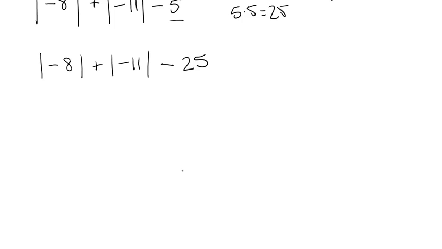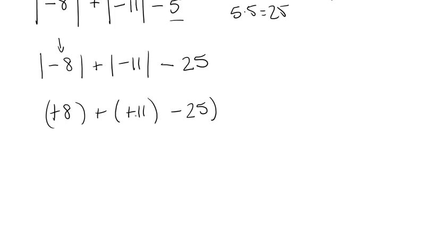Our next step will be, we don't have any more multiplication or division, and so we will just need to add all these. But let's first deal with these absolute values. So whatever is inside becomes positive. So this is positive 8 plus positive 11 minus 25.